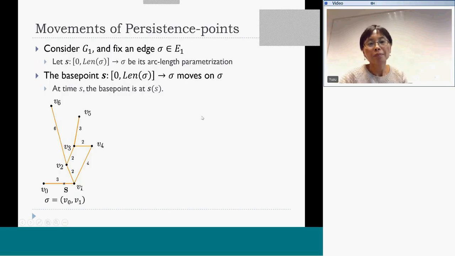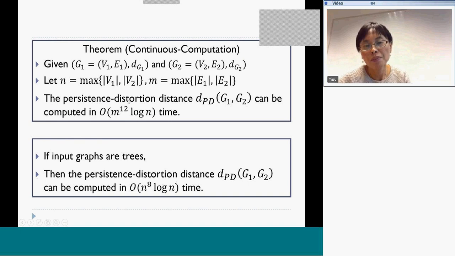Okay. All right. So proving this theorem is a bit technical. In the remaining time, I will just try to give you some high level ideas, some of the main ingredients involved.